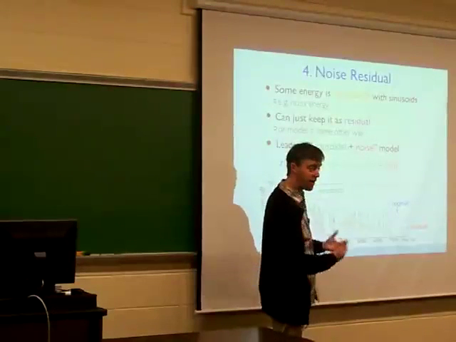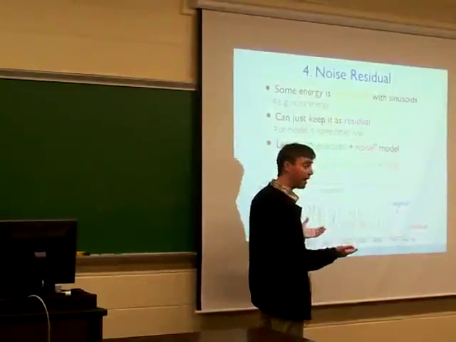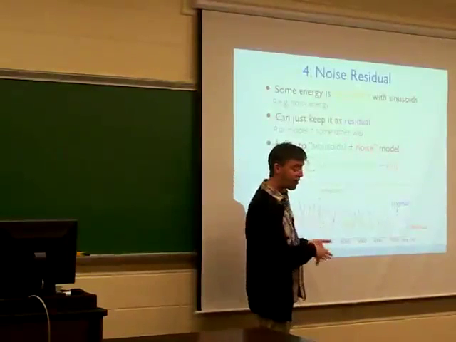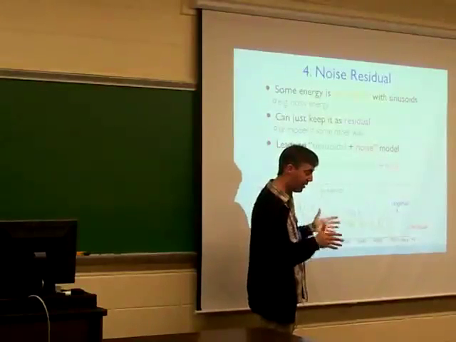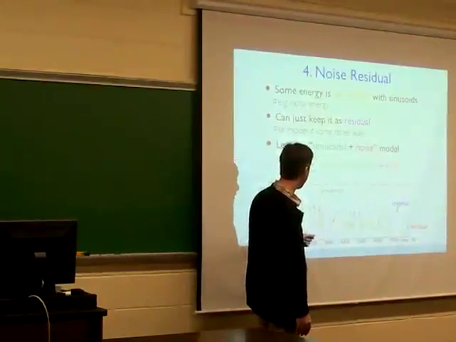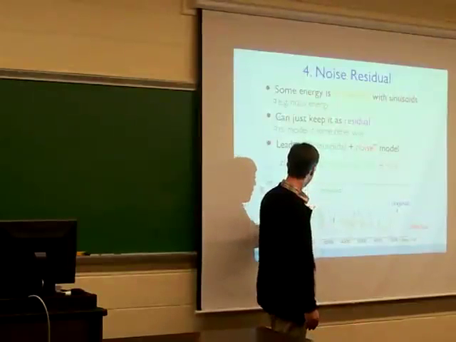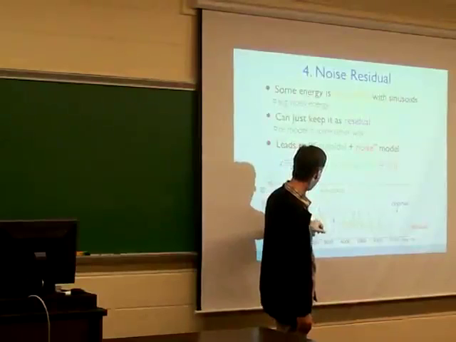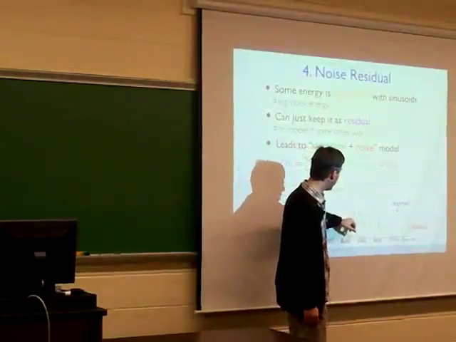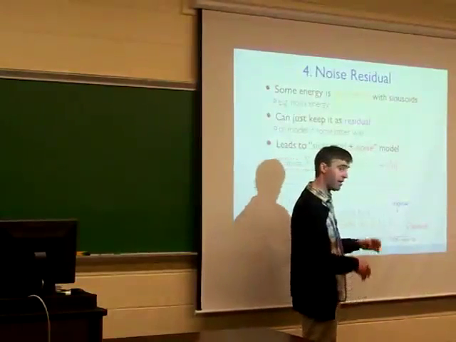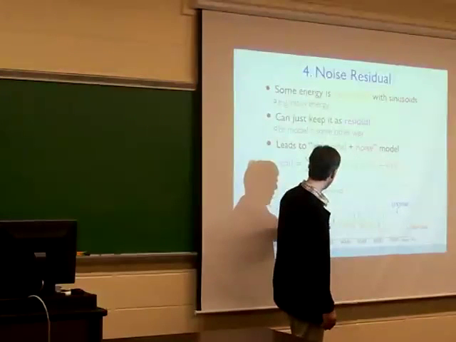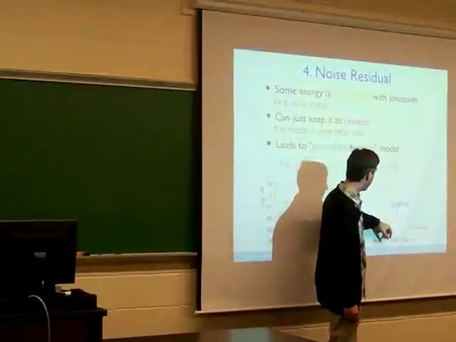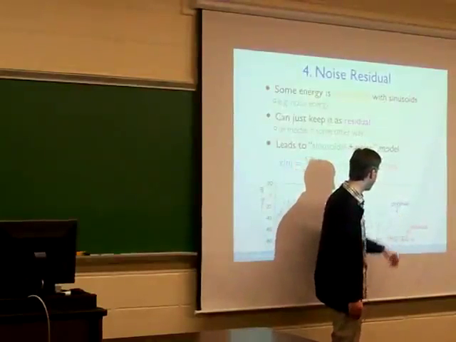When I resynthesize and reanalyze them, which is what I've shown in green here, I get the same process of the analysis window sitting on top of the sinusoids and blurring them out. So I still don't get lines; I get these same shaped peaks. But you can see in between, the sinusoids have deeper valleys because there really is no energy except for the sinusoids, compared to the original, which has this sort of noise floor in between. And up here, I didn't even track these peaks, so these are left over.